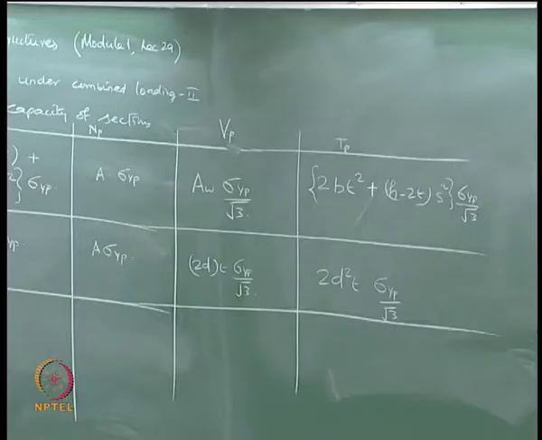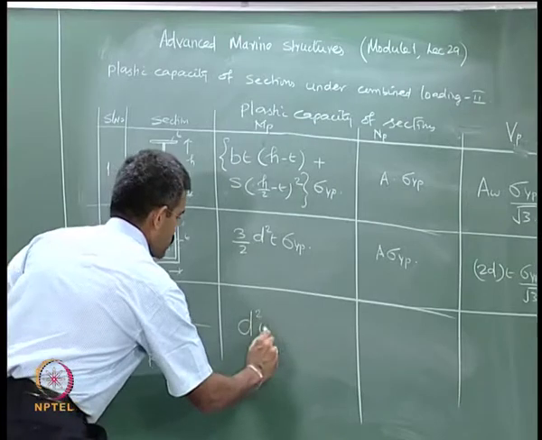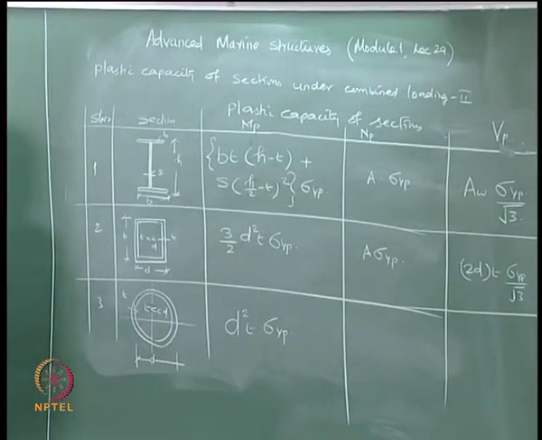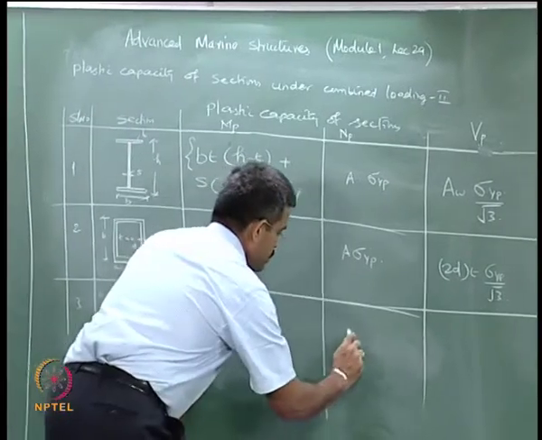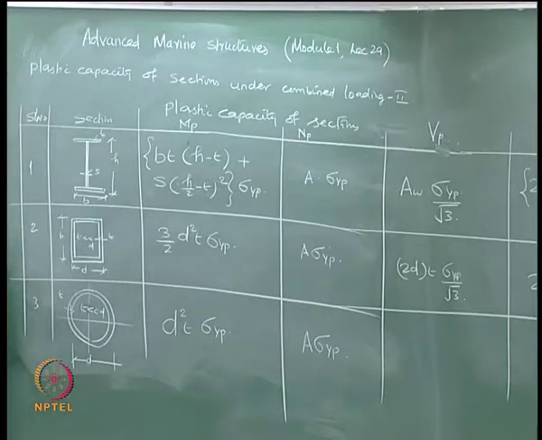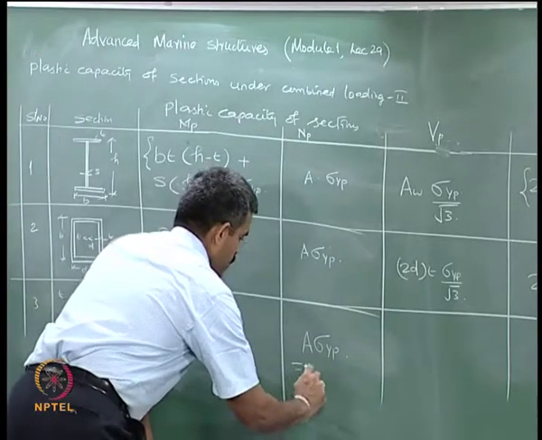As far as the tube sections are considered, it is d square t sigma yp, and this is A sigma yp, where A is the area of cross section. In my case, the area of cross section is actually equal to pi d into t.